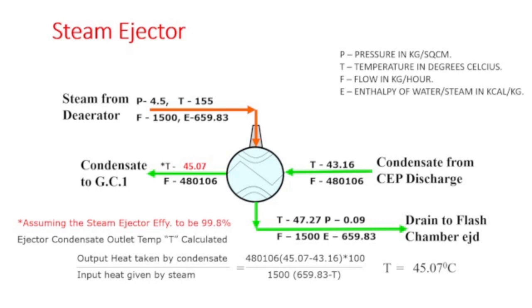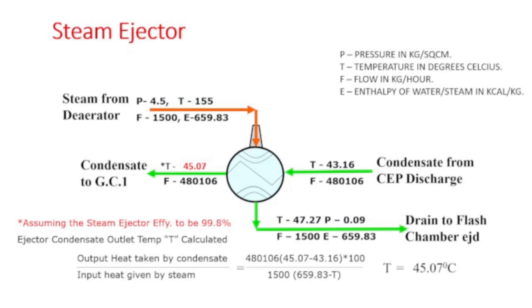The inlet temperature of the condensate to the steam ejector is 43.16. The inlet steam taken from the deaerator has a pressure of 4.5 and a temperature of 155 degrees centigrade. The flow and the enthalpy are also mentioned. Now this steam is converted into drain, or water, and the temperature comes to 47.27 degrees centigrade.